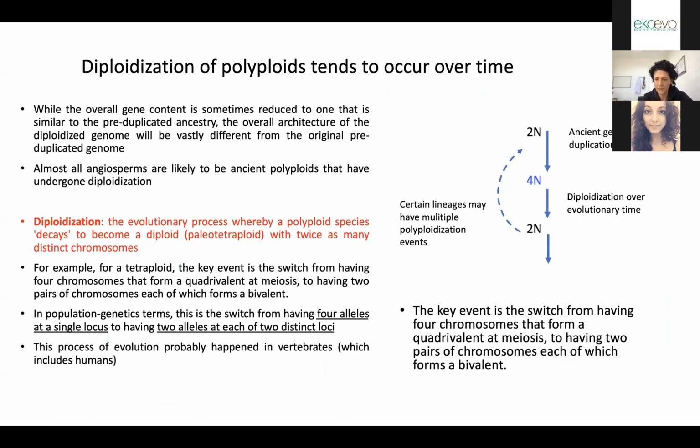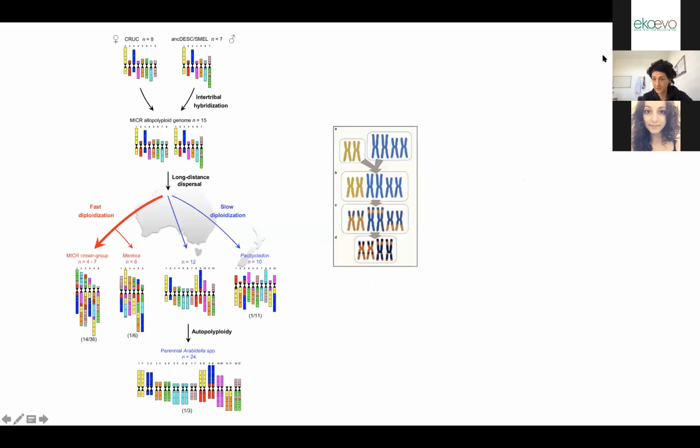That is important. I'm going to show you. This is the process. Let's say there is an ancient genome, 2N chromosomes, with a duplication, an auto-polyploidization process, the number increases to 4N, and with diploidization over a long time, the chromosome number decreases to 2N, but not like the previous one.